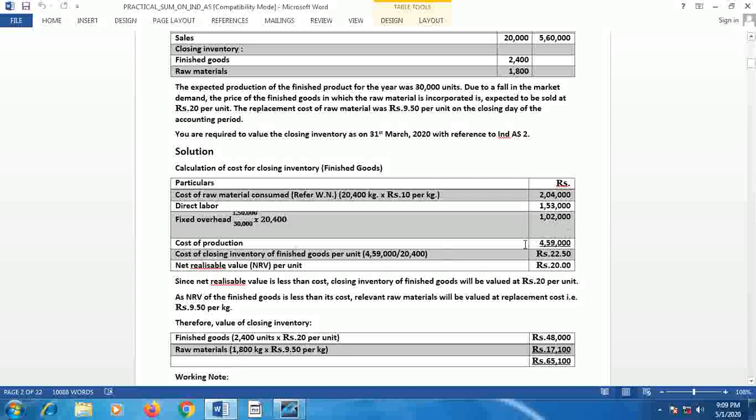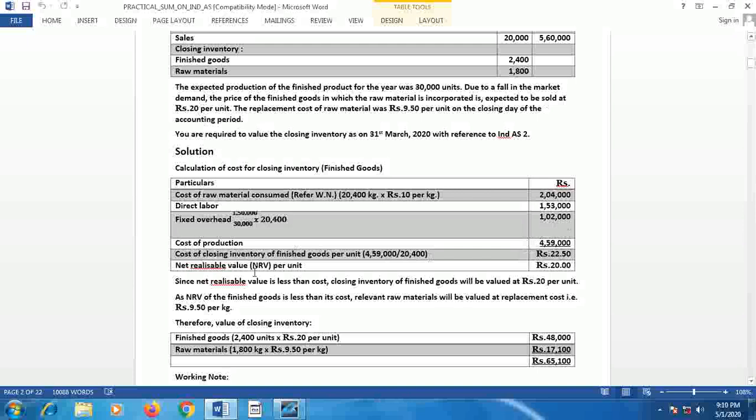That gives the cost of production as 4,59,000. 4,59,000 divided by 20,400 units, that is considered as output, gives us the cost of production as 22 rupees 50 paise. Now it is given in the problem that due to fall in the demand, the expected price of the finished goods will be 20 rupees per unit.